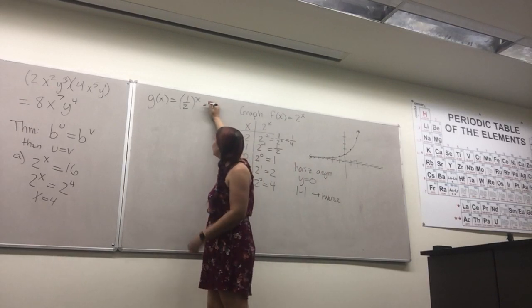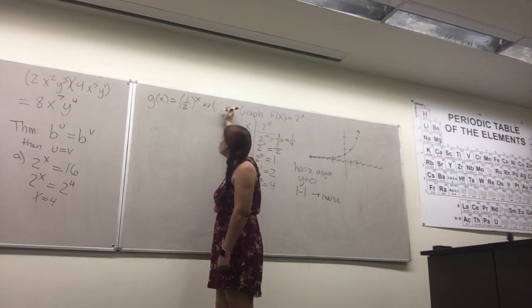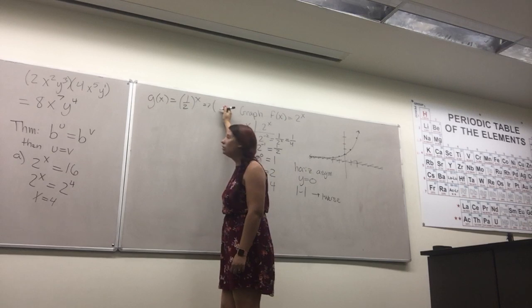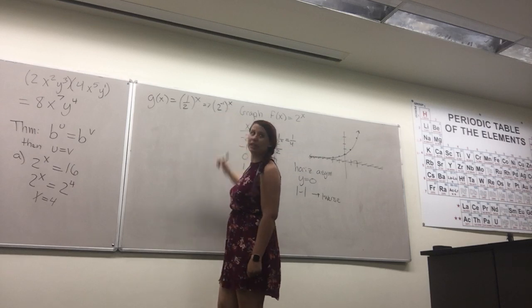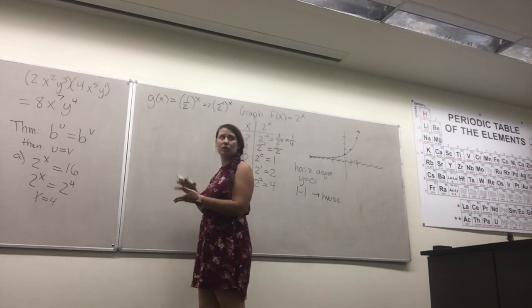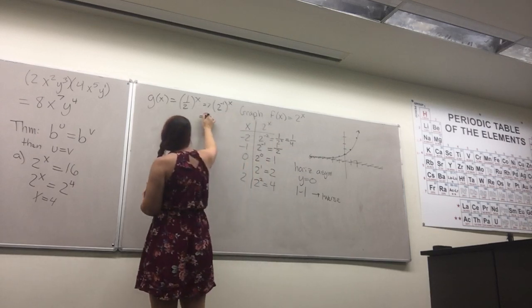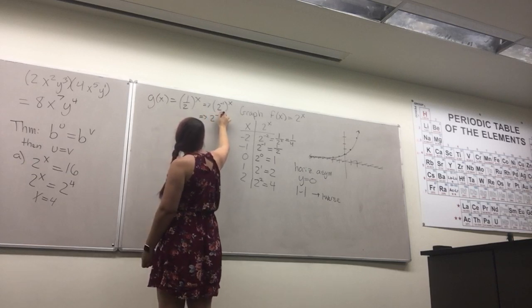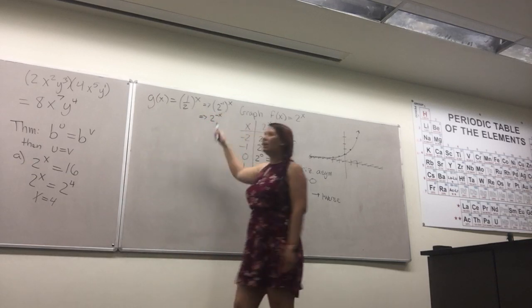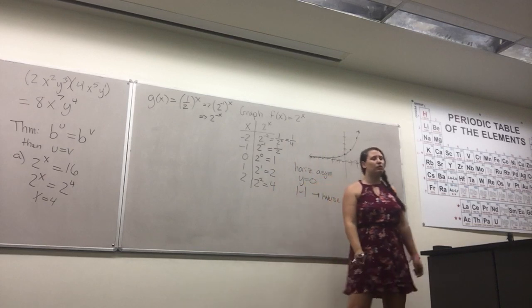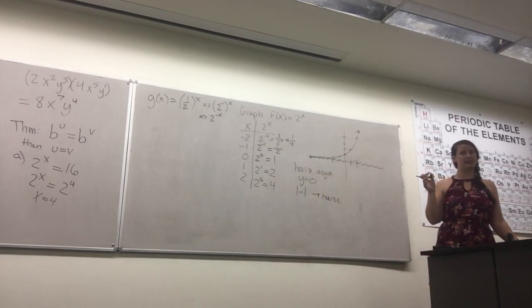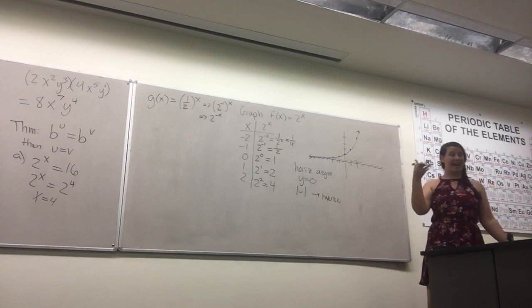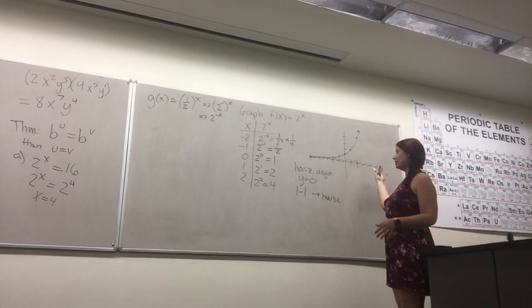Let's rewrite that. 1/2 is just 2 to the -1. When we have multiple layers of exponents, we can multiply them. So this is really just 2 to the -x. What does the negative on the x do? It's a reflection around what axis? The y-axis, right? So it's this way.